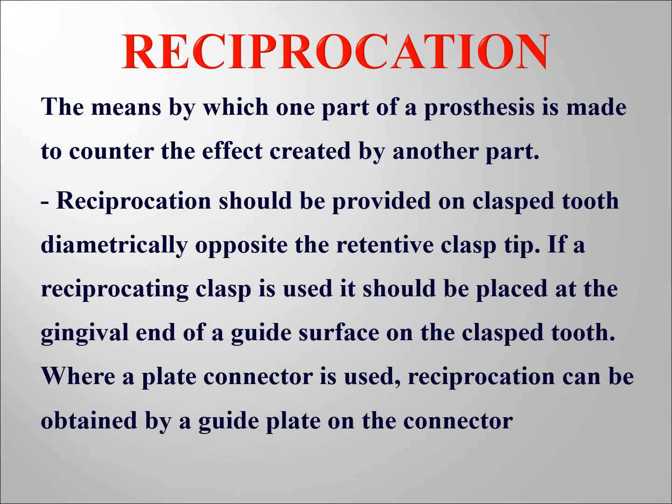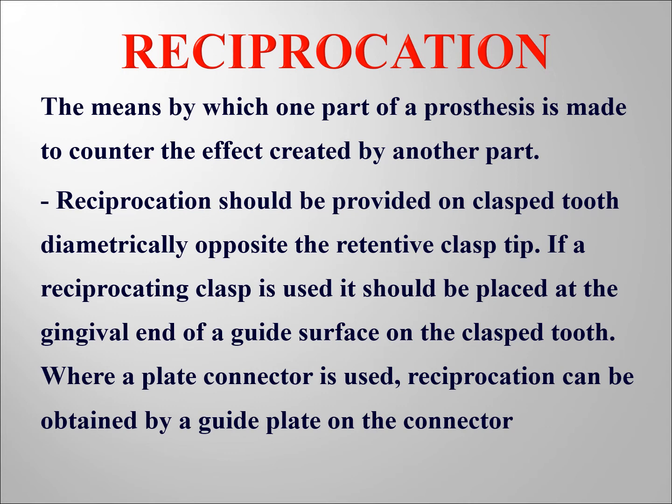Now, ideally, it should be provided opposite to the retentive tip. Now, if the reciprocating clasp is used, it should be placed at the gingival end of the guiding surface on the clasp tooth, while if it is a plate, reciprocation can be obtained by a guiding plate on the connector.